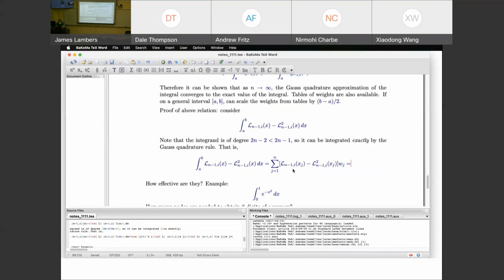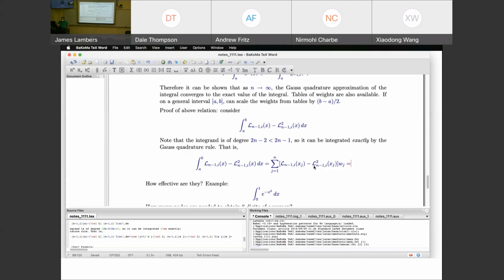So we consider two cases, keeping in mind the properties of Lagrange polynomials: j not equal to i, and j equal to i. When j is not equal to i, what's this equal to? It's 0, because Lagrange polynomial number i evaluated at xj is 0 when i is not equal to j.